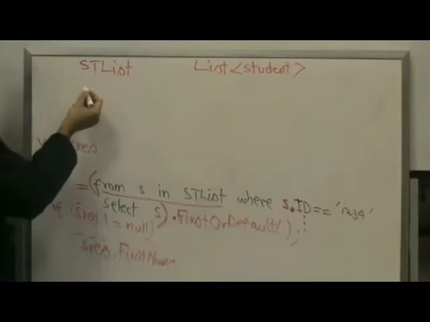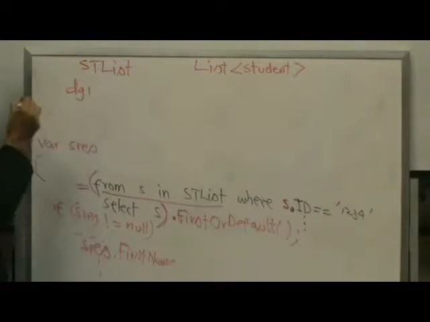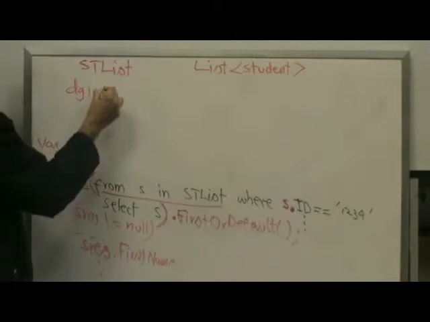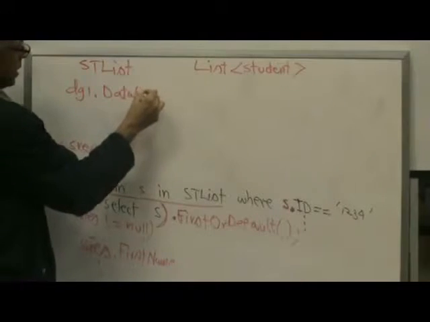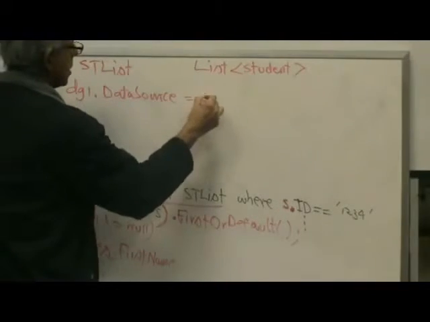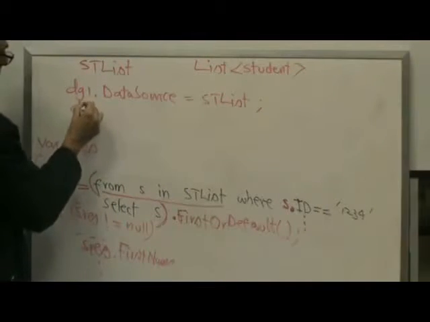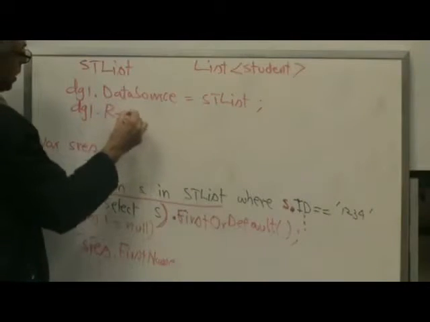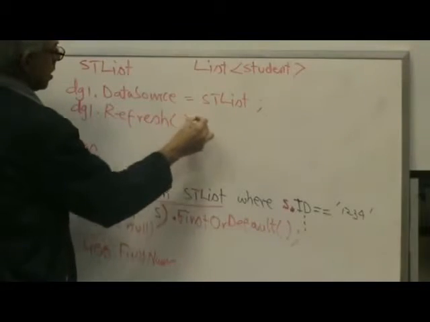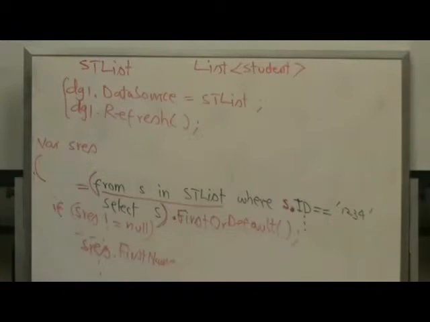Obviously, if you created a data grid view called DG1, you can say dot DataSource equal to ST list and DG1 dot Refresh. Okay, and you'll be able to display all the students.